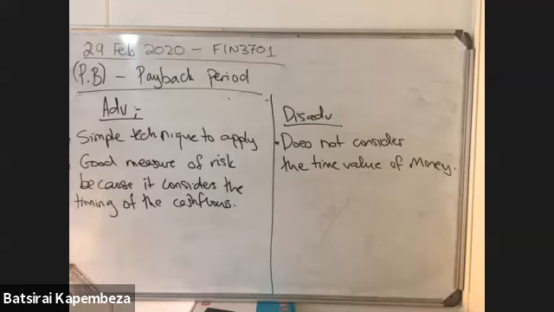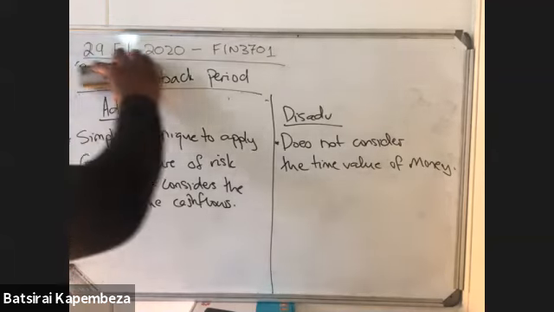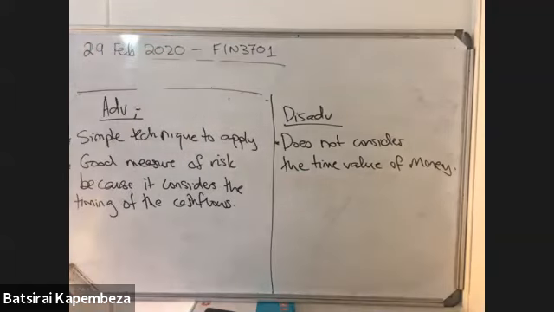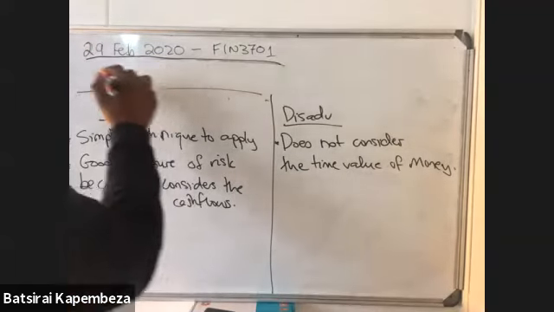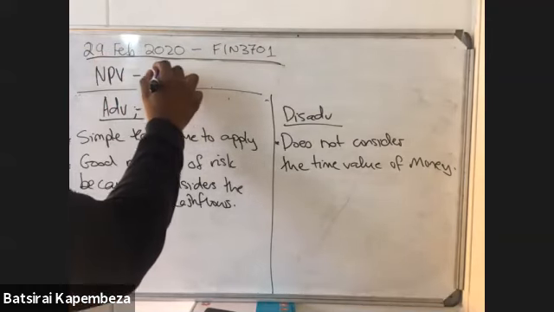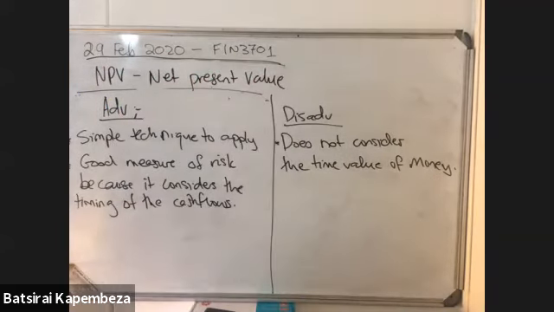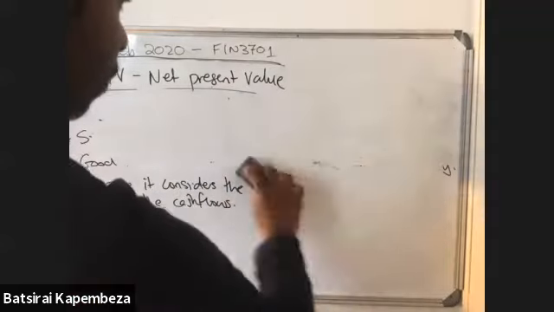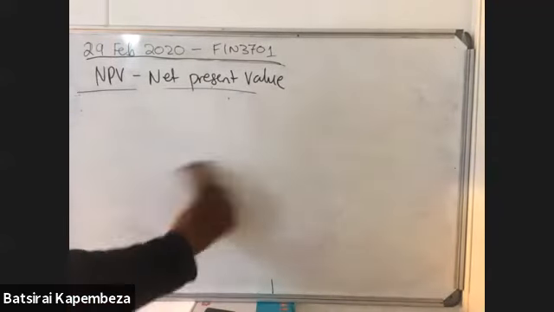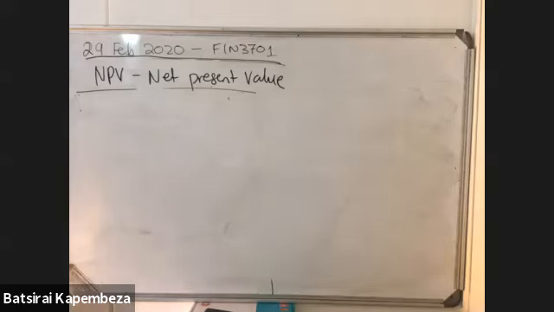The next capital budgeting technique whose theory you need to know is the net present value. And this is by far the most important capital budgeting technique, the net present value. I'll just give you some theory behind this one. The net present value gives us the value that a project adds to a company.